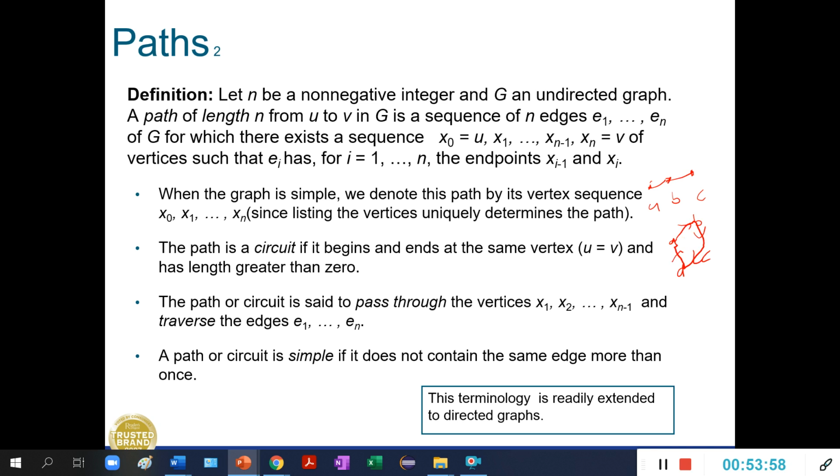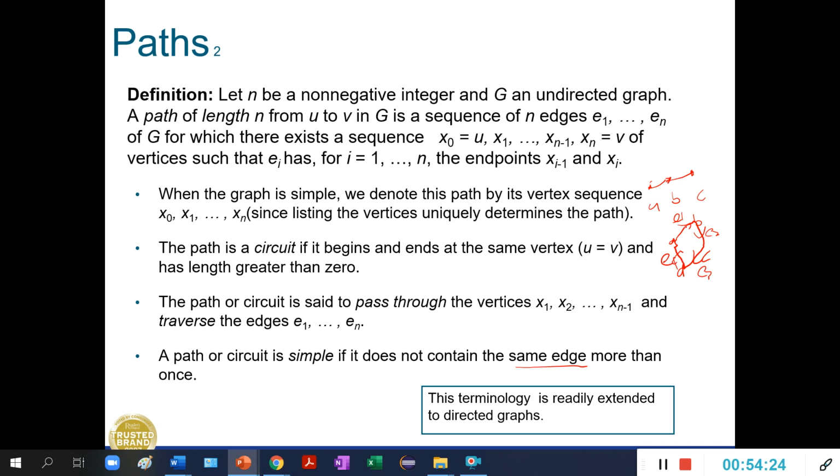So this is a circuit. The path of a circuit is said to pass through the vertices x1 until xn and traverse the edges e1, e2, until en. So you have e1, e2, e3, and e4 until en. A path or circuit is simple if it does not contain the same edge more than once. So this is simple.